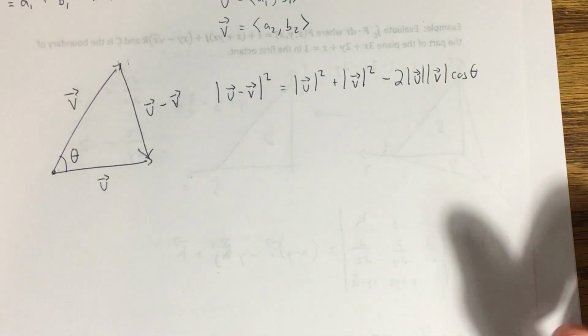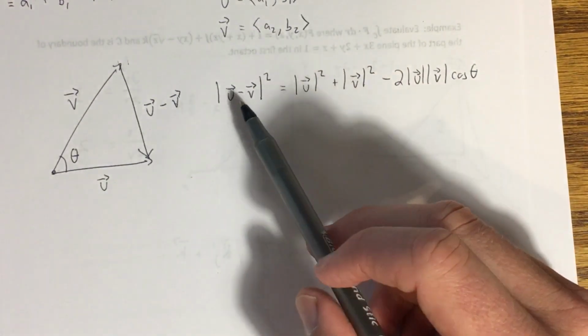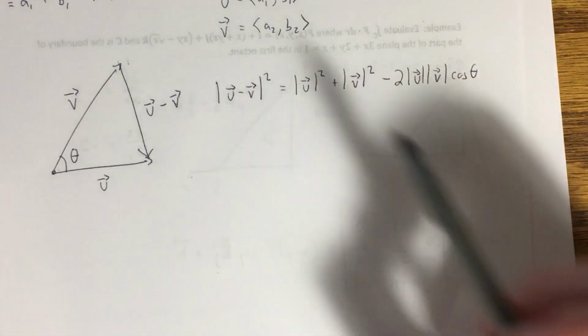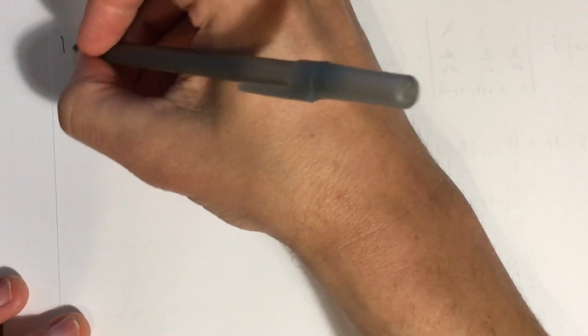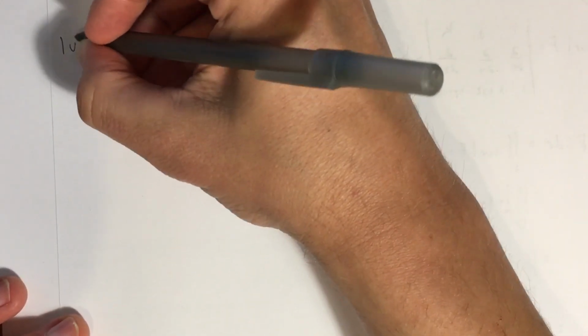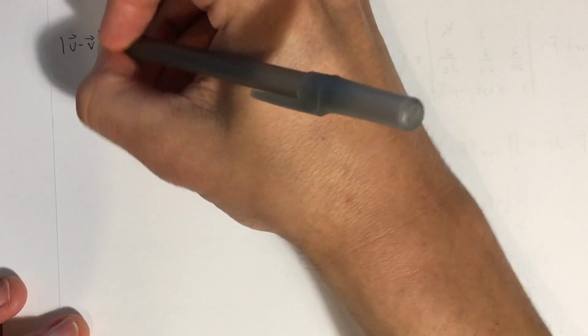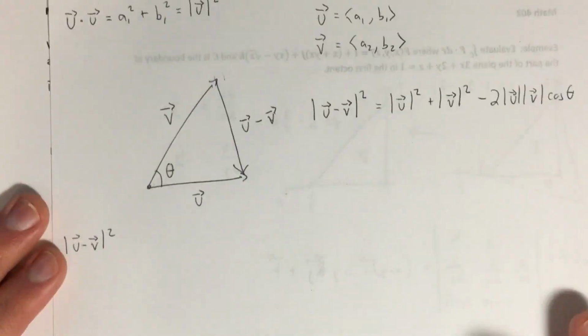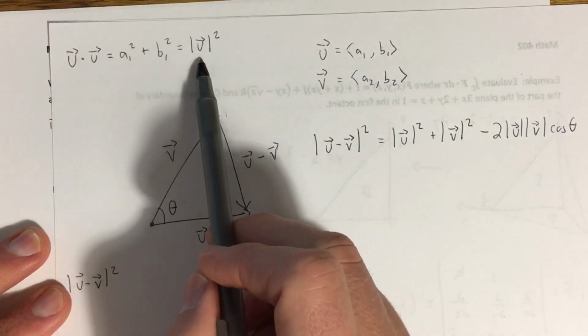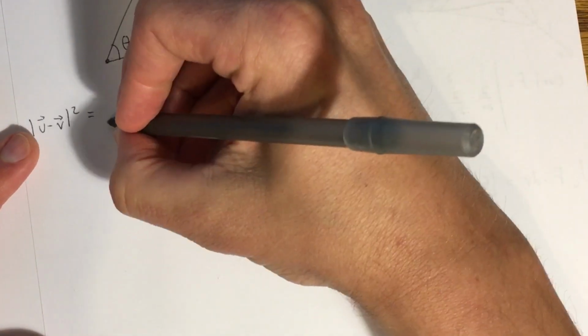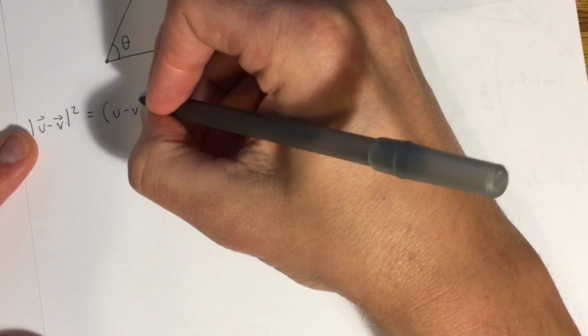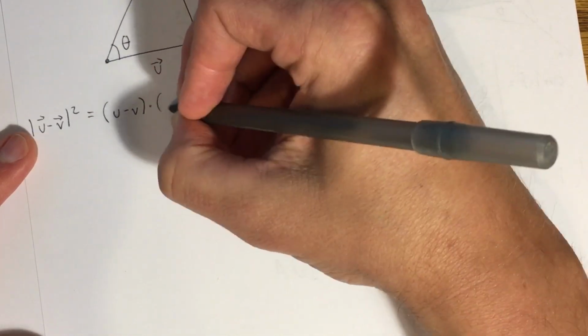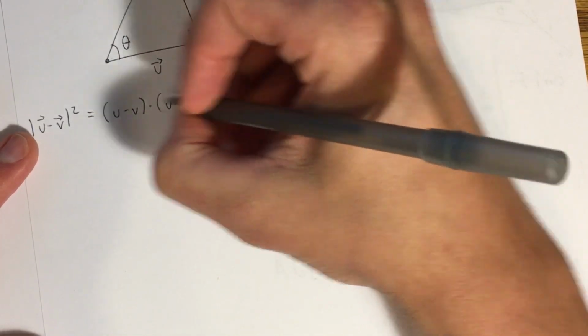Okay? Let's look for a second at this guy right here. So I'm going to do a little work on that. Based on what we talked about up here, the magnitude of a vector squared is the same as taking the dot product of a vector with itself. So this is equal to the vector u minus v dotted with the vector u minus v.